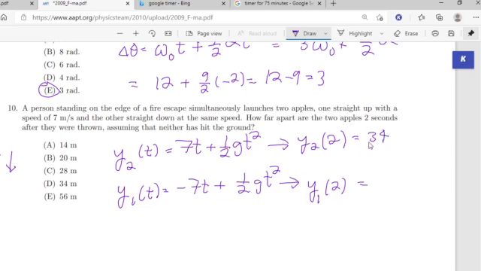Technically, it's -34, but I'm saying down is positive, so whatever. Here, it should be -14 plus 20, which is 6. Subtract the 2, and we have 28 meters. And so we have C.